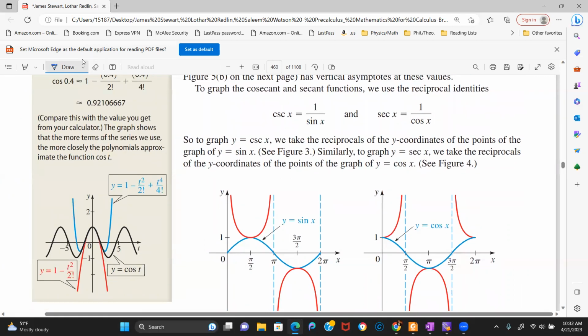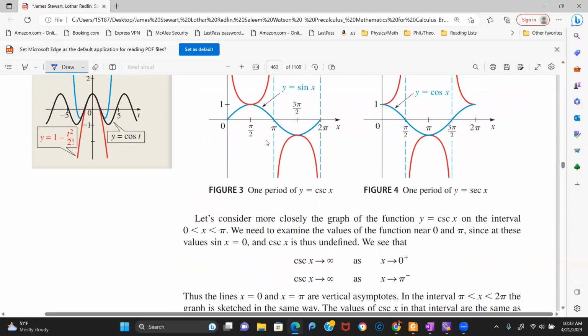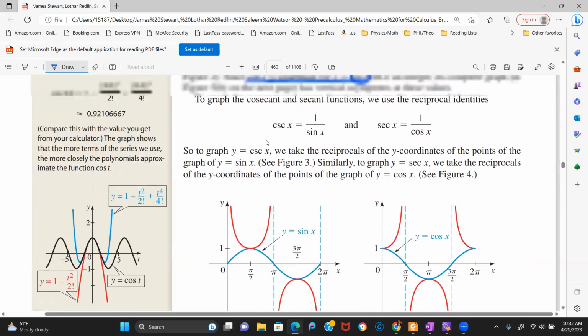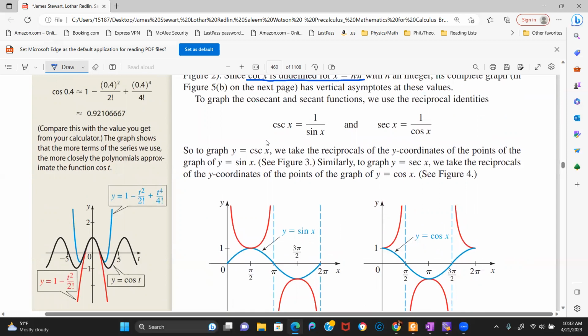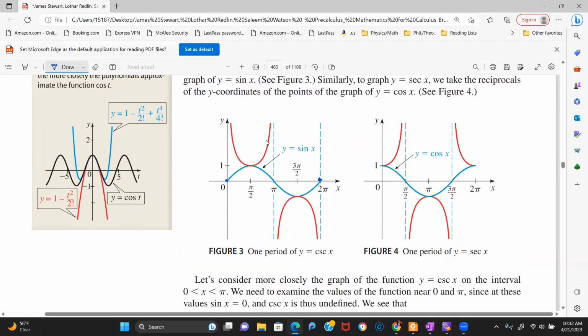I'm going to save time and skip over this, but you can just do the exact same analysis to figure out what these graphs are. For cosecant, you're going to have asymptotes wherever sine of x is 0. For secant, you're going to have vertical asymptotes whenever cosine of x is 0. You want to graph cosecant over the interval 0 to 2 pi, which is what they did right here.